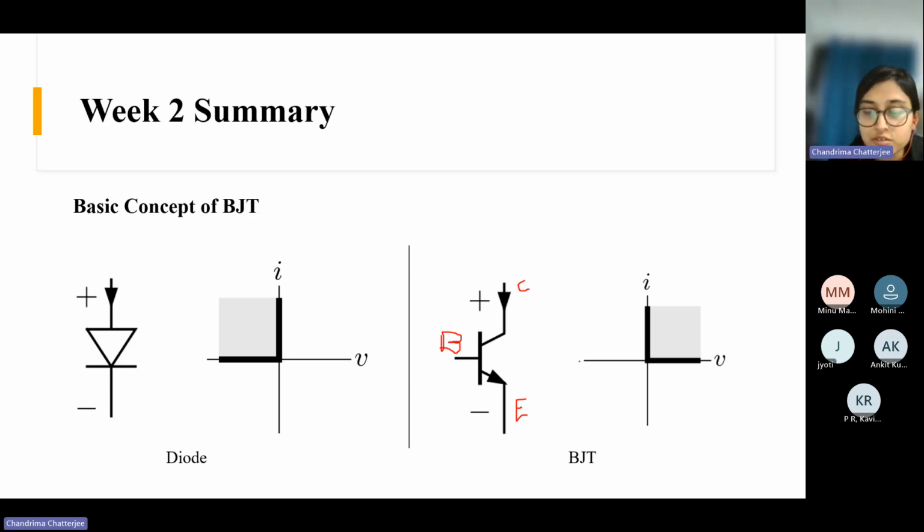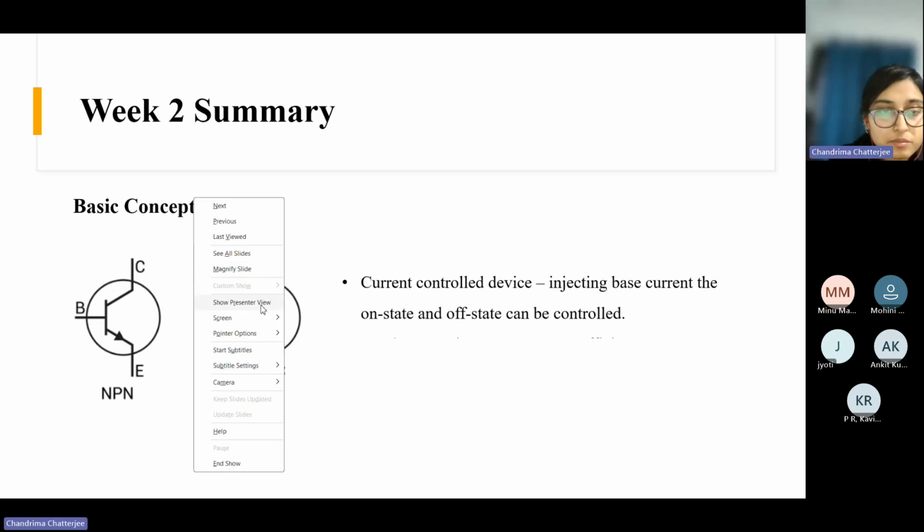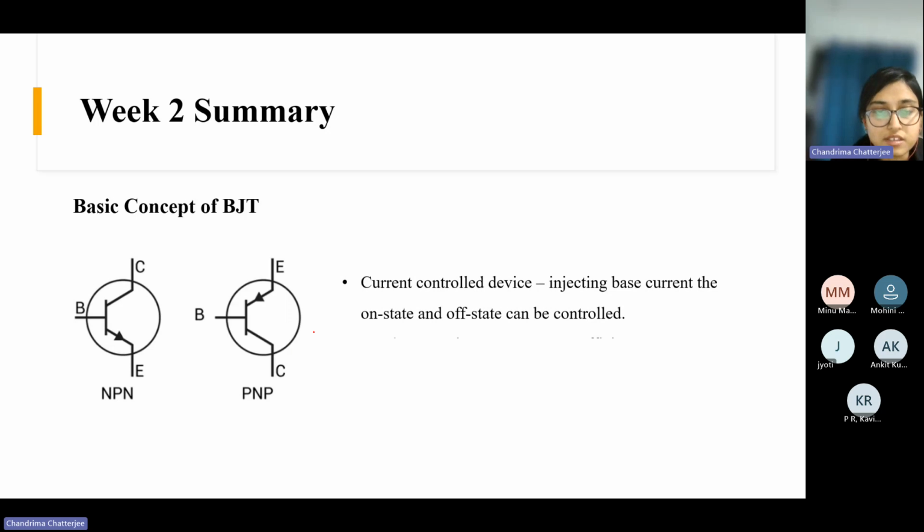So let's proceed to the next slide. This is the symbol of a BJT, bipolar junction transistor. We shall see why this is called bipolar. I have shown two symbols.